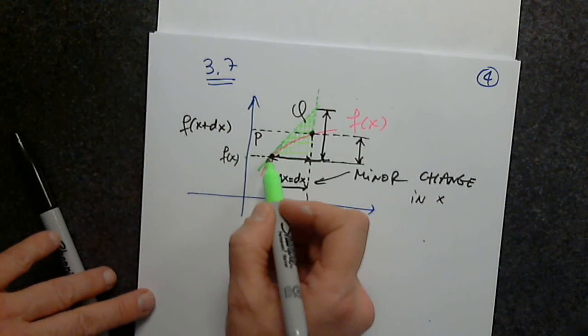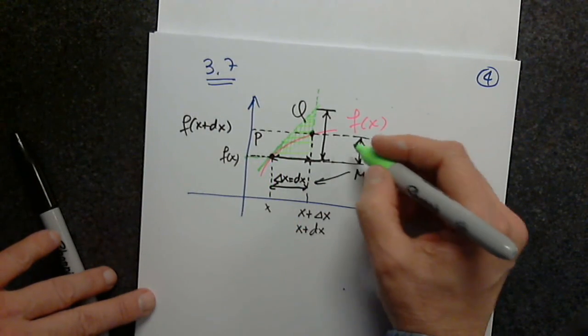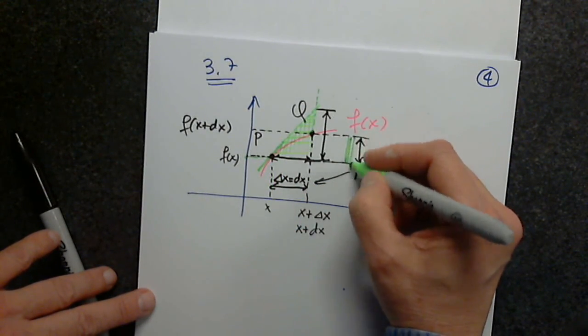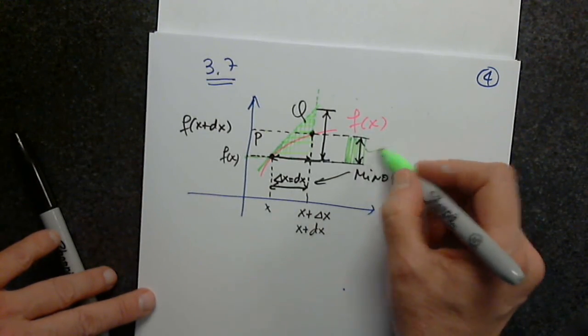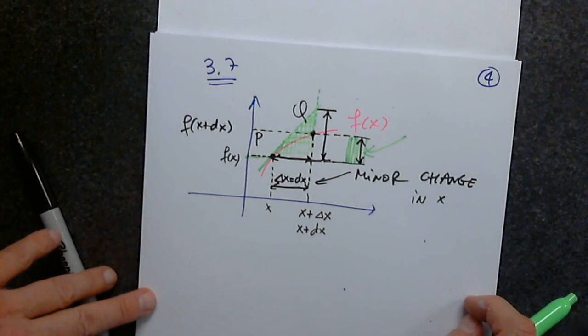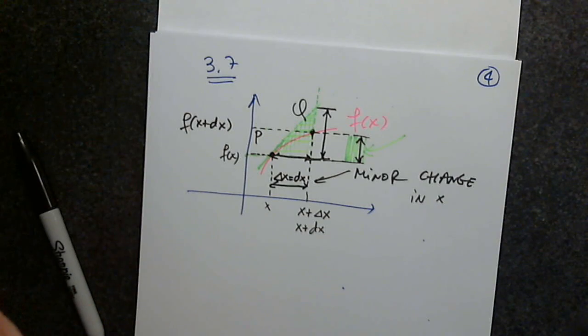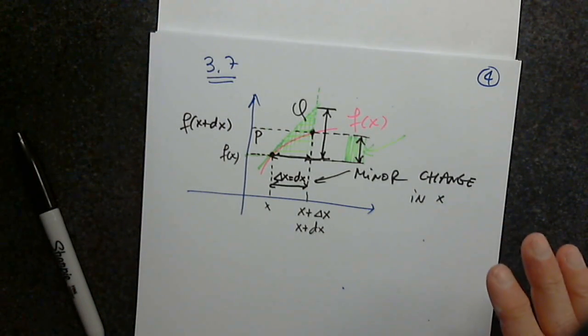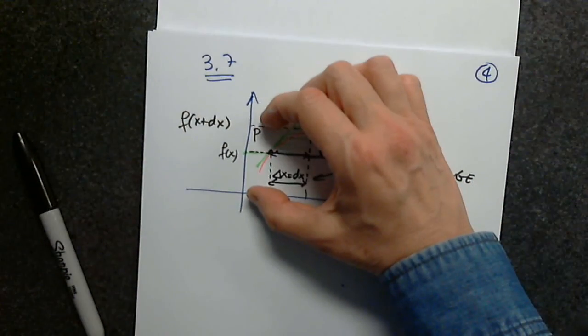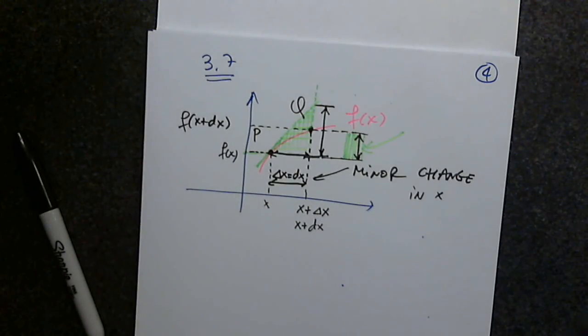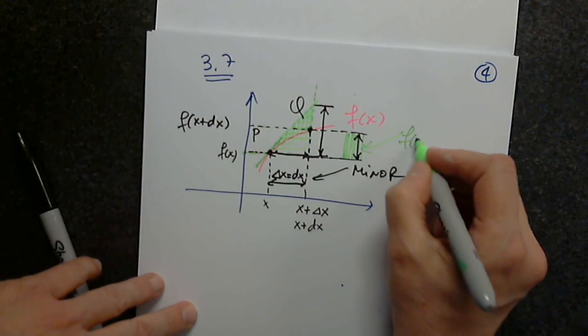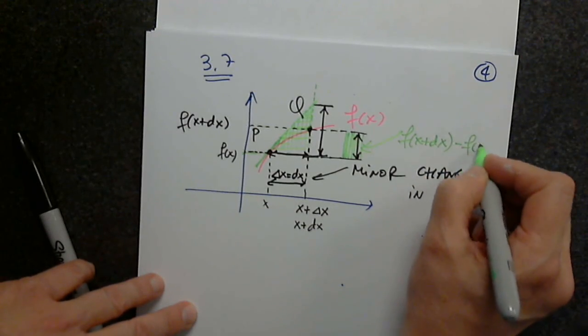I have this point P, and this height is f of x. And now I'm asking, what is this? Of course, is this height minus this height? Do we see that? Okay, so this is f of x plus dx minus f of x.